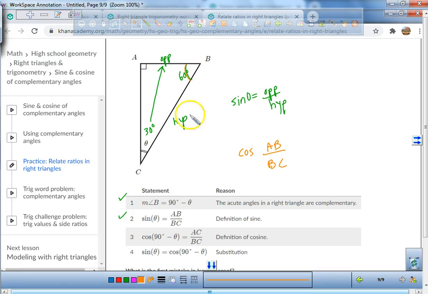So the cosine of 90 minus theta would not be AC, it would be AB over BC. So I am going to say this is where he went wrong in step number 3. Because remember, the cosine is supposed to be the adjacent over the hypotenuse, not the opposite over the hypotenuse.